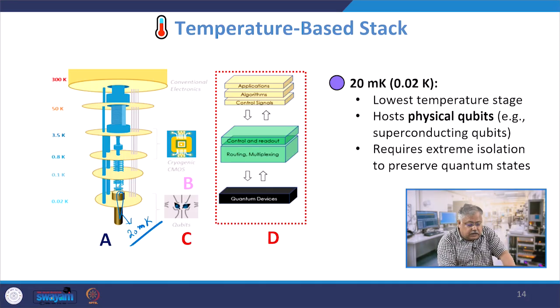There is a big thermal gradient between this point and this point, but we need to ensure that these thermal gradients do not cause heat transfer from the conventional side, which is at 300 Kelvin, down below. So, proper thermal isolation is done at each stage in order to sustain and maintain a particular temperature. This is the temperature stack which we are referring to.